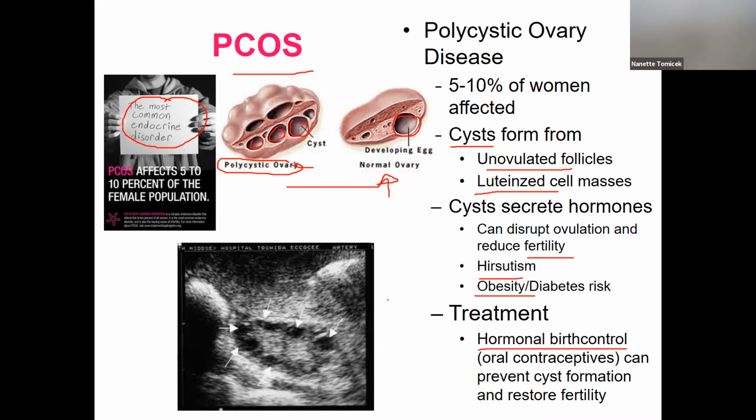And what's going to happen is the brain will kind of take over and start regulating and getting back into a normal cycle as you take your oral contraceptive every day. That should help prevent cyst formation and restore fertility. Although obviously in order to actually be fertile, you got to stop taking your birth control pills at some point. So this is just kind of a temporary fix to get everything back in sync again.